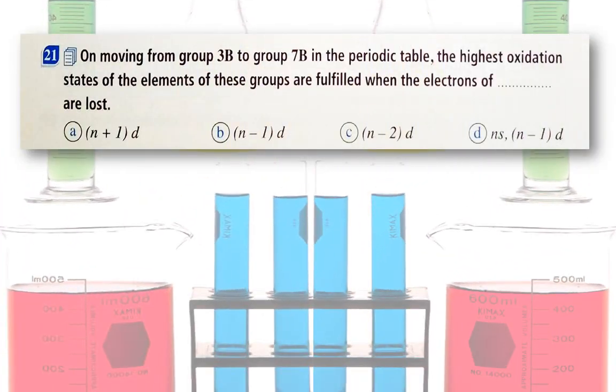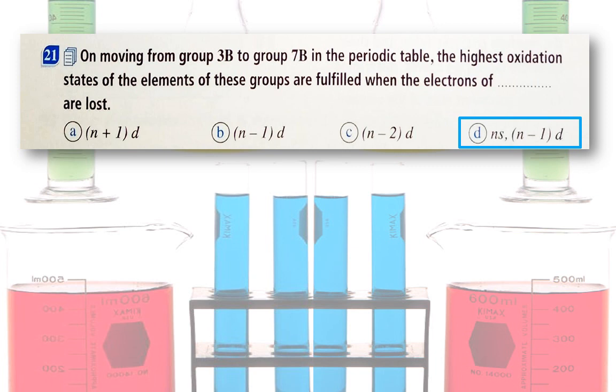Question number 21, on moving from group 3b to group 7b in the periodic table, the highest oxidation state of the elements of these groups is fulfilled when electrons of what are lost? It depends on the number of electrons in the d orbital.